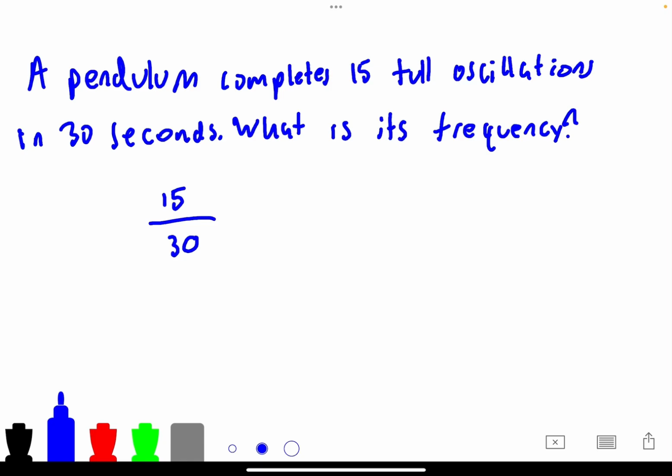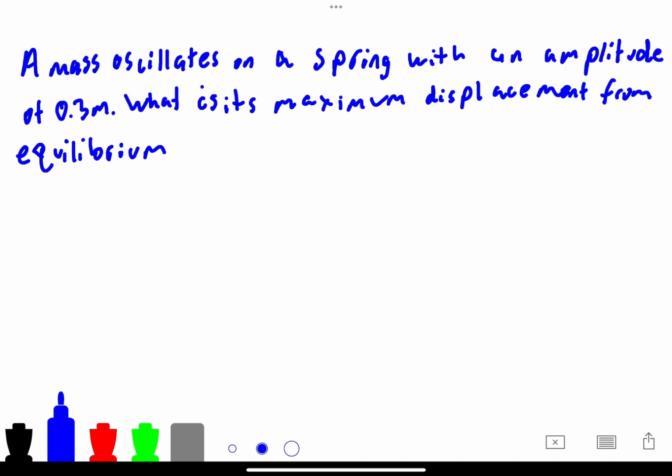So that would be one oscillation per 2 seconds. So that would be the frequency, 0.5 Hertz.